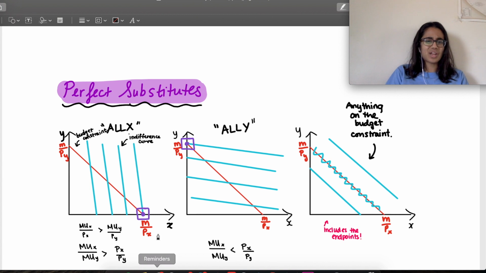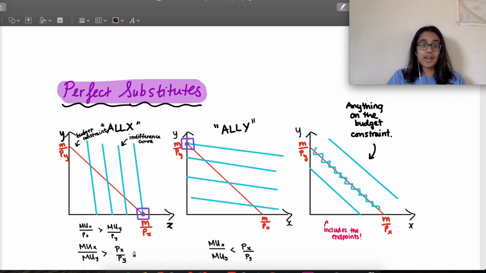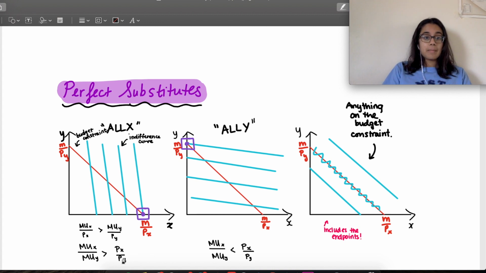Now you're probably asking what that tells us about Bob wanting to buy all of good X. If you manipulate this expression, you end up getting this top expression, and this is very important to know.